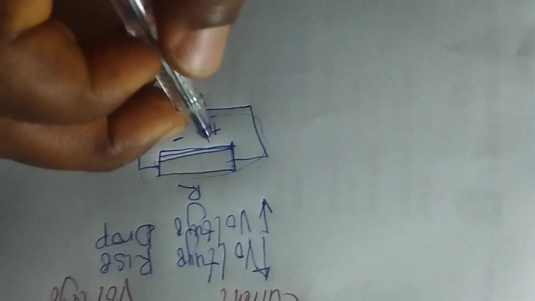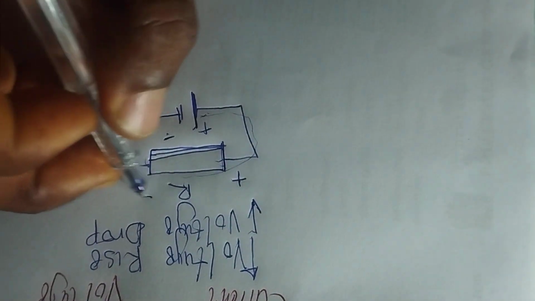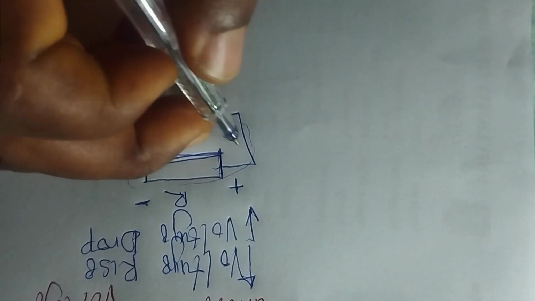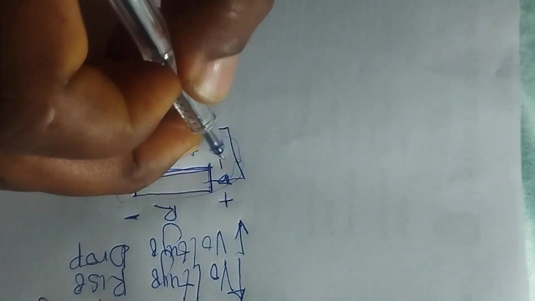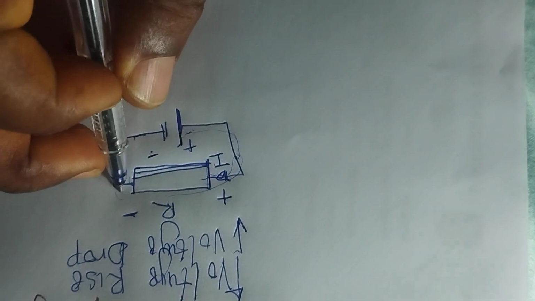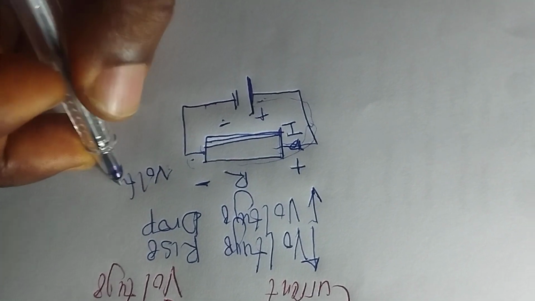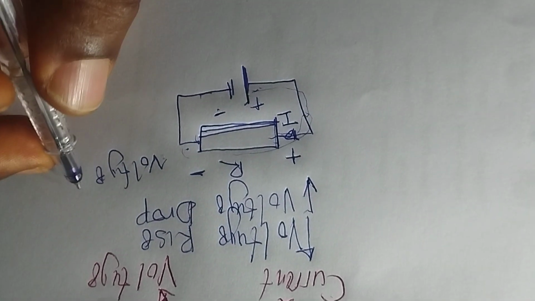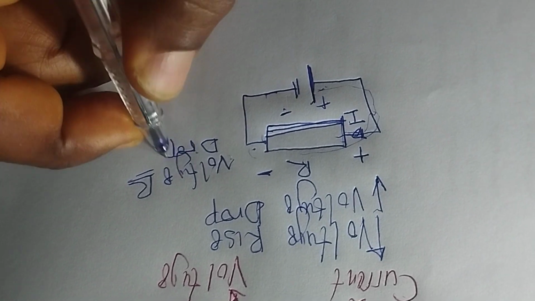So this positive we have here, we can equally put it here. This negative we have on this cell, we can equally put it here. So if the current flows from this positive terminal, it will go like this. So this will be the current I. So the current is flowing from the positive to negative. Therefore, we say the voltage is dropped across this resistor R. Voltage drop across the resistor R.